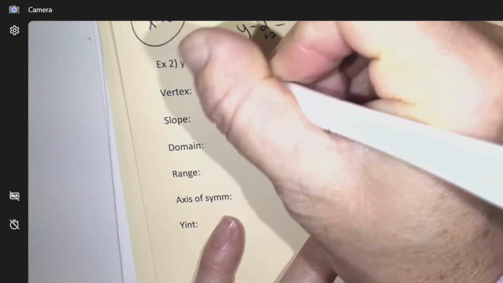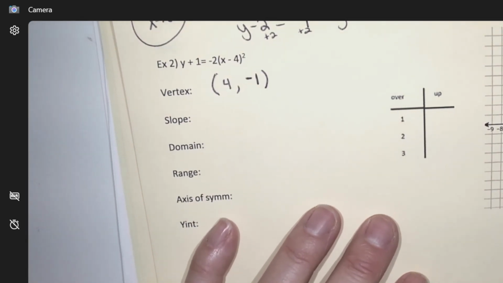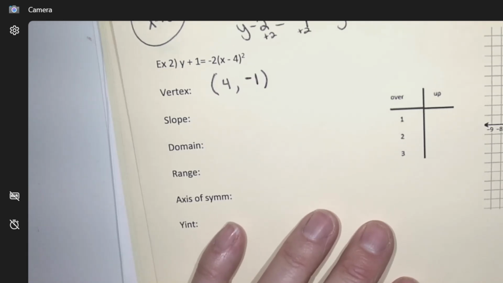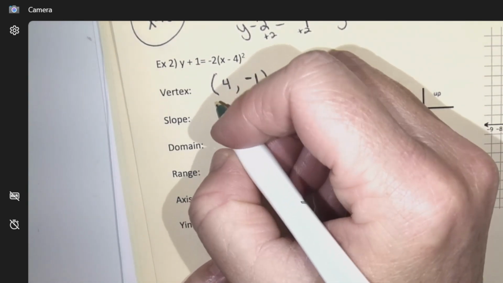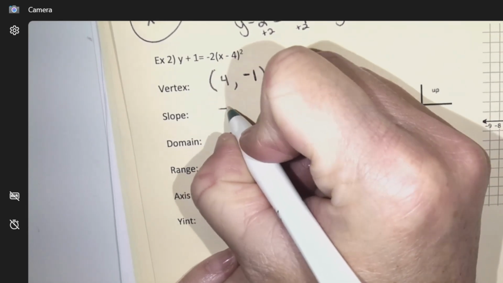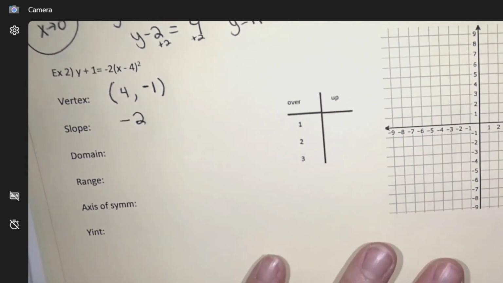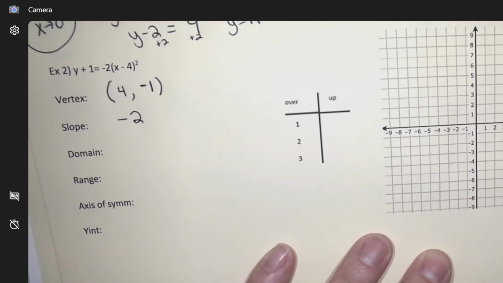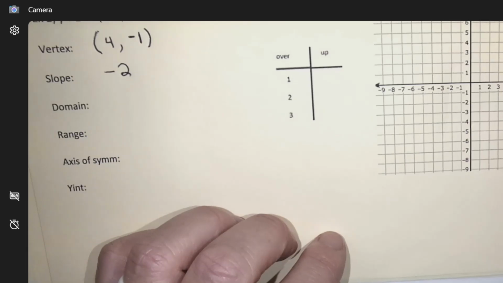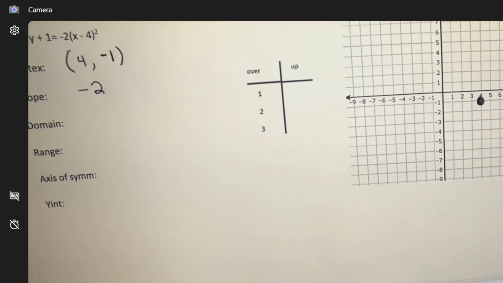Did you write -1? Opposite. And the slope, so what's the multiplier number in front of the x part? -2. Okay, so I need you to plot the vertex. So there's my 4, -1 vertex.